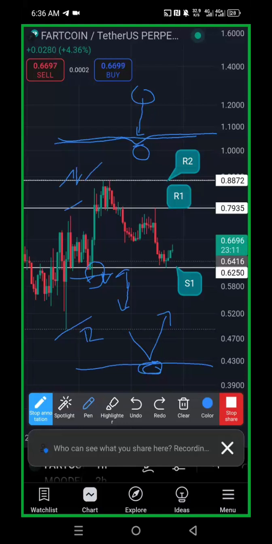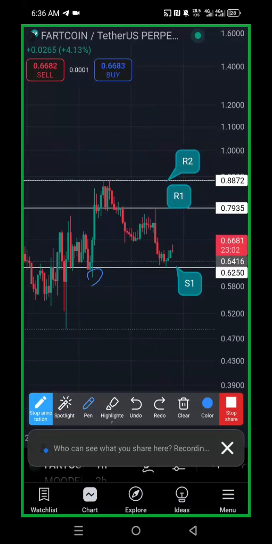You are even talking about an area. So if we decide to draw an area, we will realize that this other smaller drop below support one is actually still covered within the support area. You see that? That's why it is important for you to identify the key swing lows to draw your support line. Same applies to a resistance.